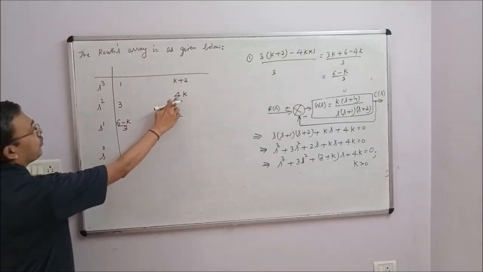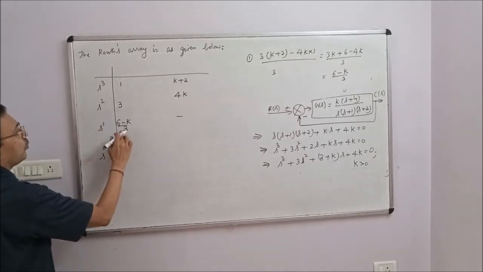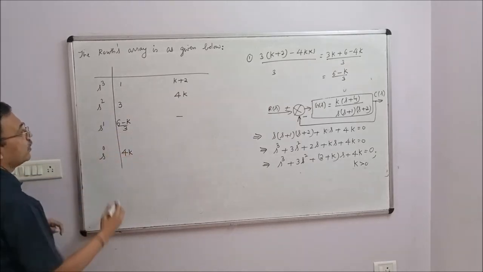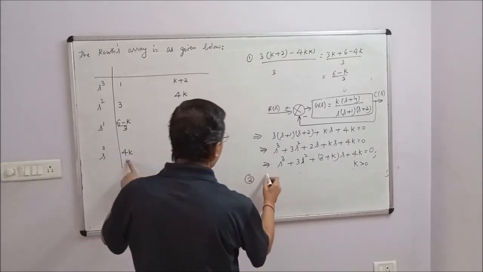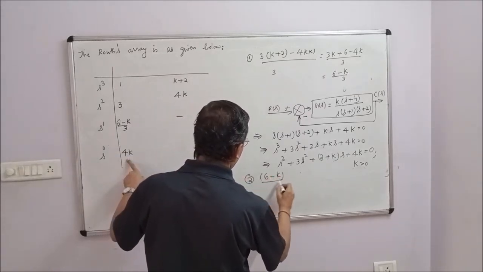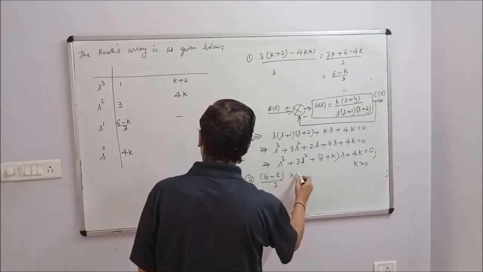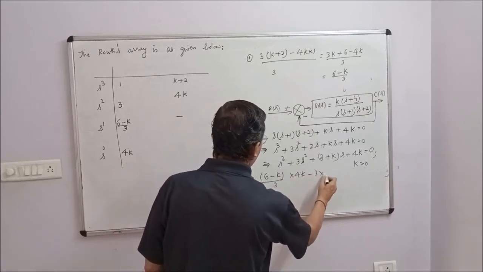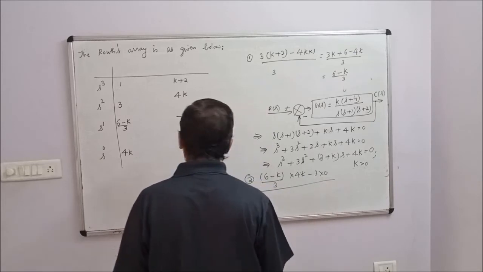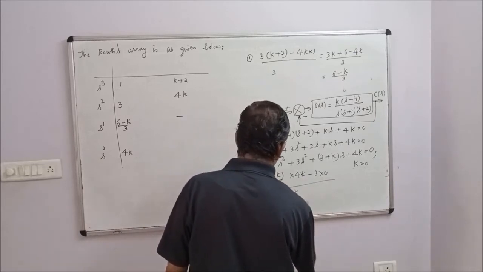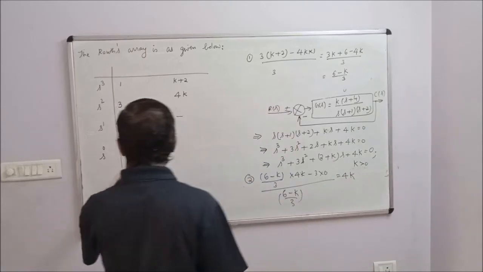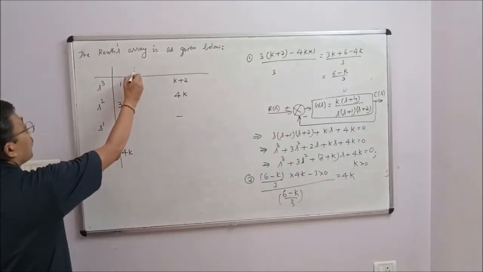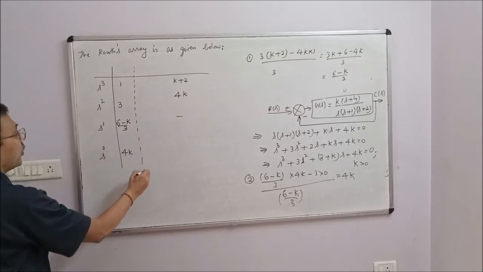Next, this into this minus this into this by this: (6-K)/3 into 4K minus 3 into 0, divided by (6-K)/3, is equal to 4K. This is the first column of the characteristic equation.